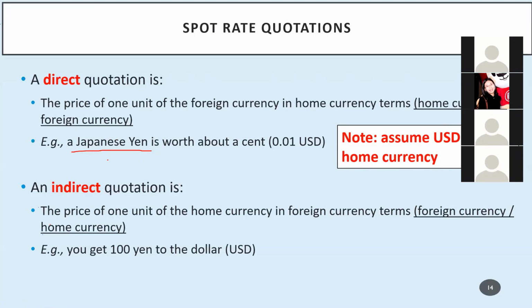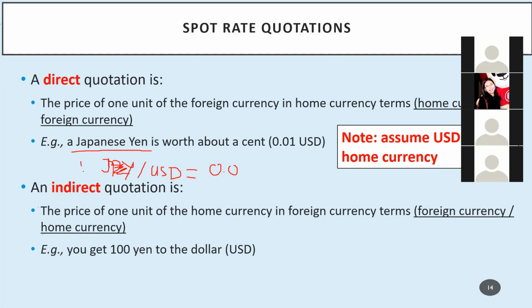So this is a currency quotation, right? If I want to quote the USD in terms of the Japanese yen, I'll be writing this, okay? Oopsie, this is an indirect. This is a direct quotation.